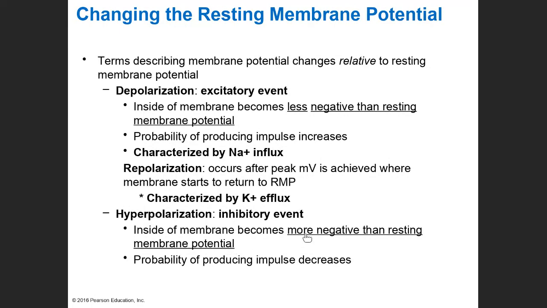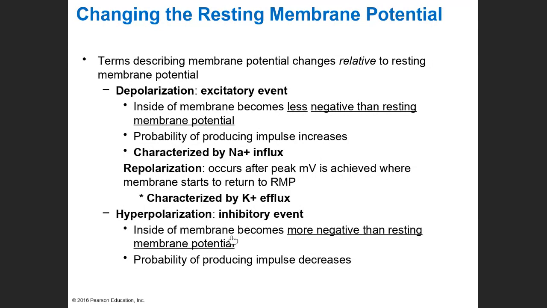As we're trying to repolarize, we can go all the way down to negative 90. For a very brief time, we go even more negative than our normal negative 70, down to about negative 90 millivolts.